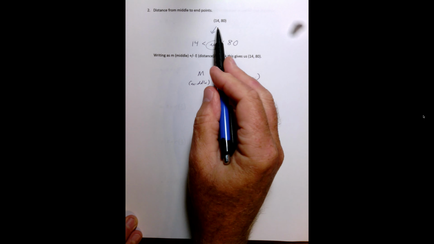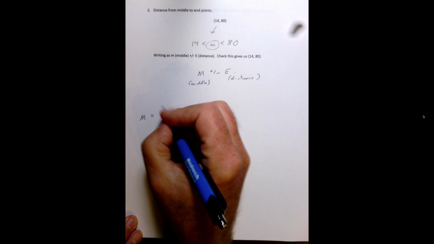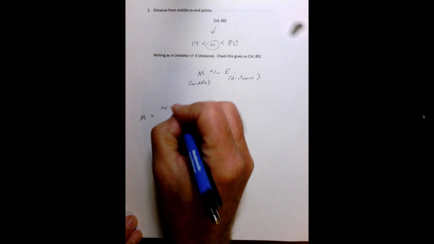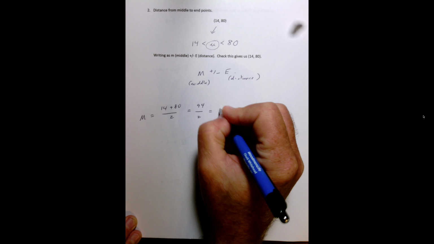And I want to demonstrate that here. So to find the middle, easy, right? What do we say? Add the two numbers. So the middle here is going to be 47.